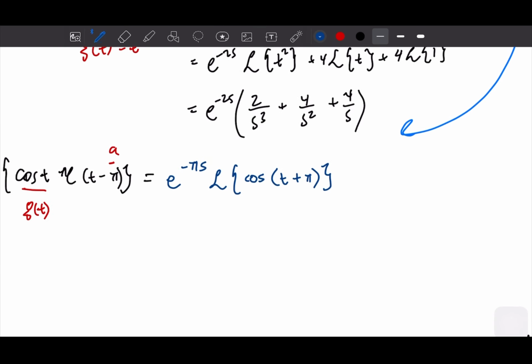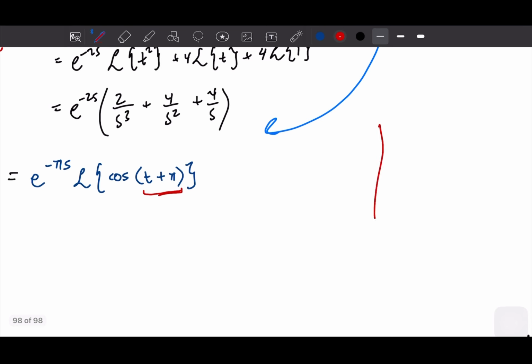But remember, when we take Laplace of this cosine, it seems that this t plus pi is maybe something you are not really familiar with. Remember that when you have cosine, this is just basic math that we did, I think, right? If you take my class in basic math. If the cosine is on the third quadrant, t plus pi, then it will be negative, right?